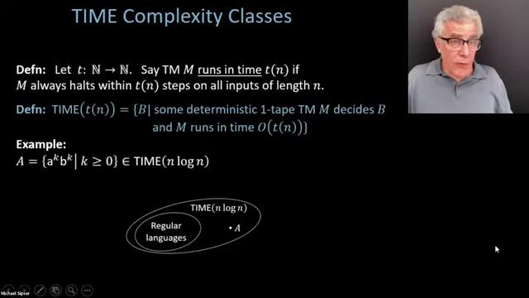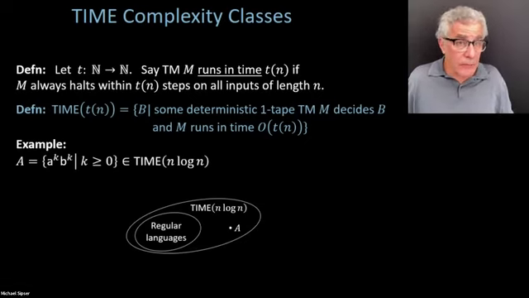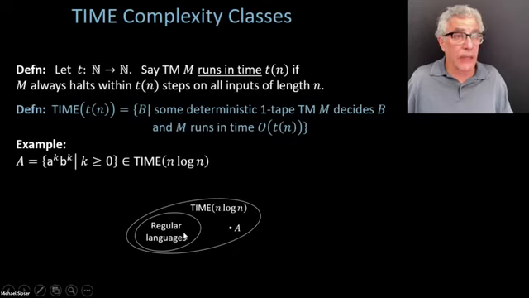Well, any regular language can be done on a one-tape Turing machine in time order n, because the Turing machine just needs to scan across from left to right on the tape, doesn't even need to write, and in n steps it has the answer. So all of the regular languages are in time n, certainly a subset of time n log n.